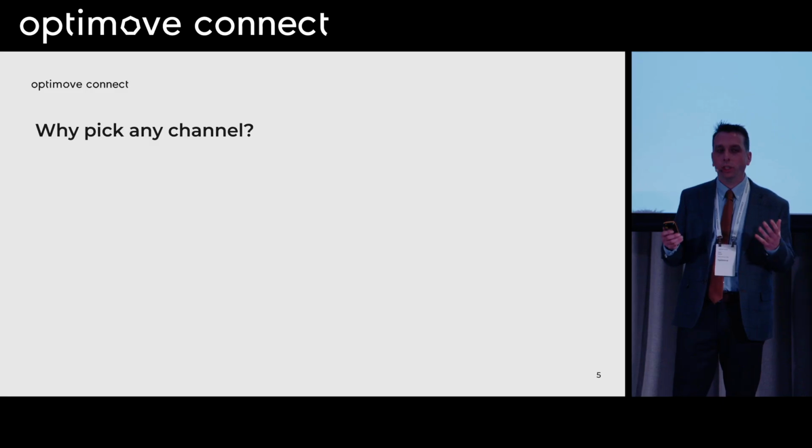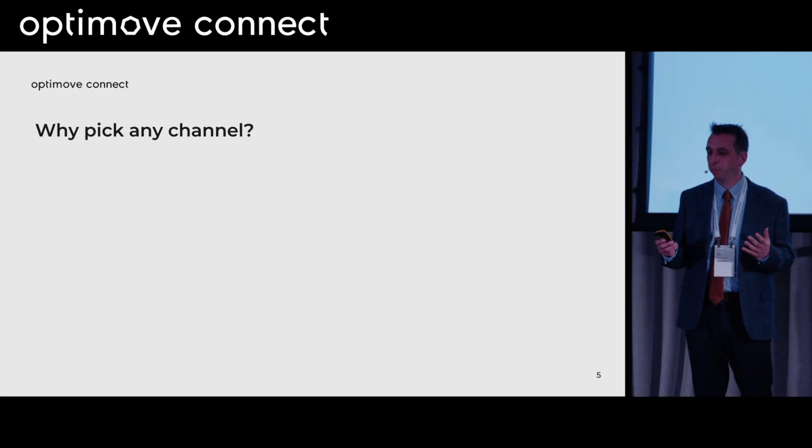Okay, so why mobile? Why should you add mobile channels to your marketing campaigns? I like to answer this question by saying, why should you pick any channel? Why should you choose email as the channel to send, or SMS, or mobile push? Why should you pick any channel for your campaigns?